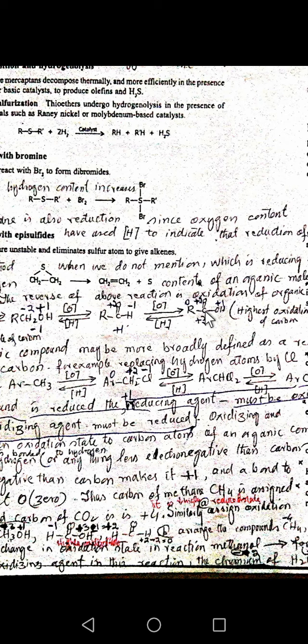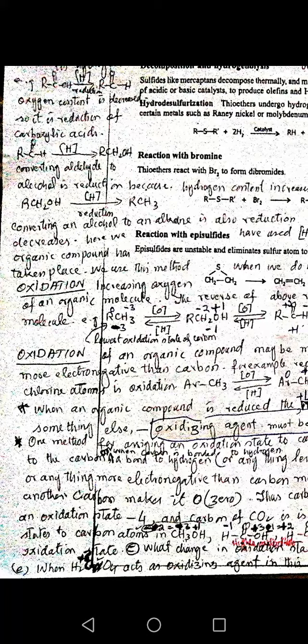Now let us calculate the oxidation number of the carbon. Here 3 hydrogens are present, so it is -3 for 3 hydrogens, and for the carbon it is 0.